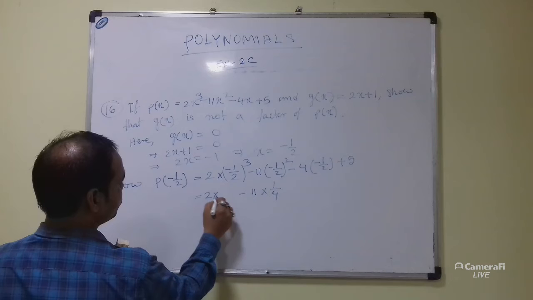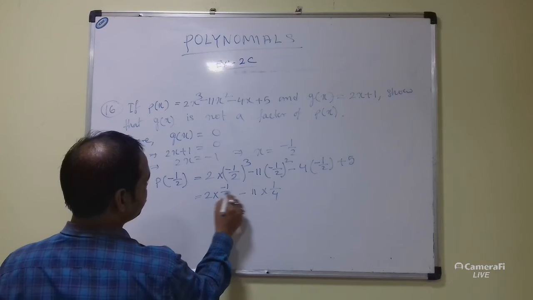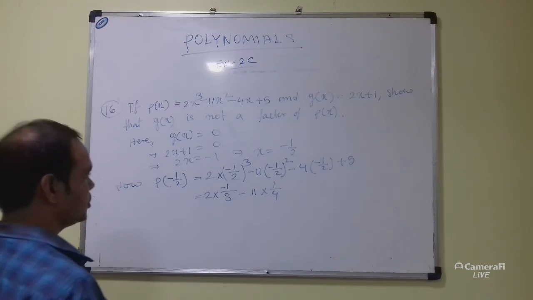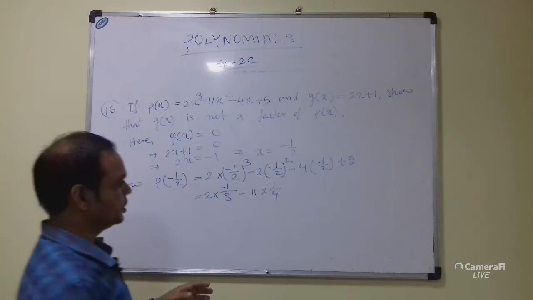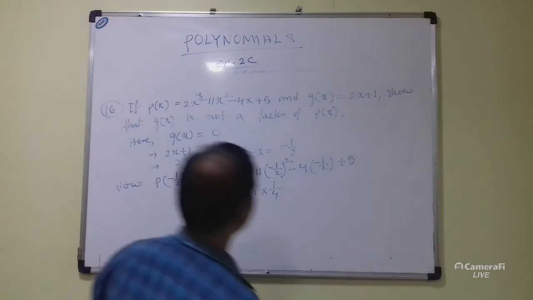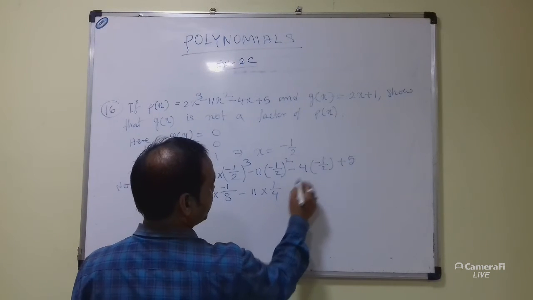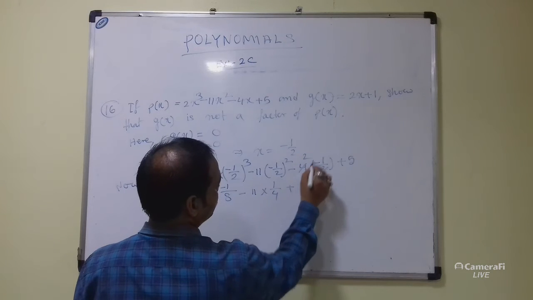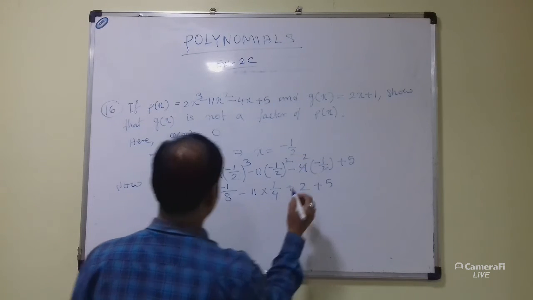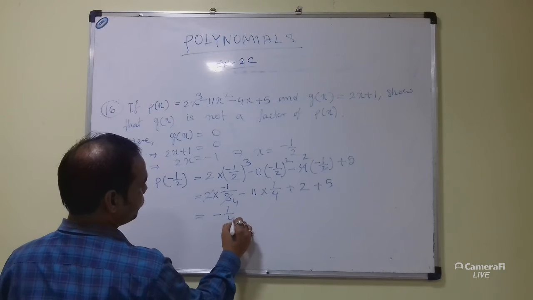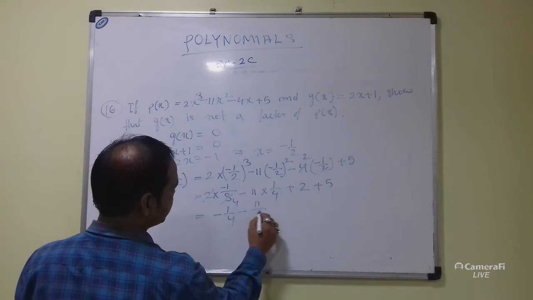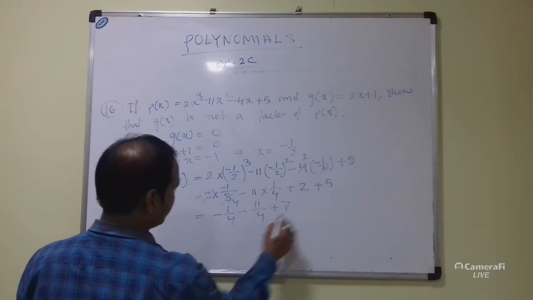So 2 into minus 1 by 8, that means minus 1 cube and 2 cube 8, and minus 11 into 1 by 4, minus minus plus 2 plus 5. Now it will be minus 1 by 4, minus 11 by 4 plus 7.